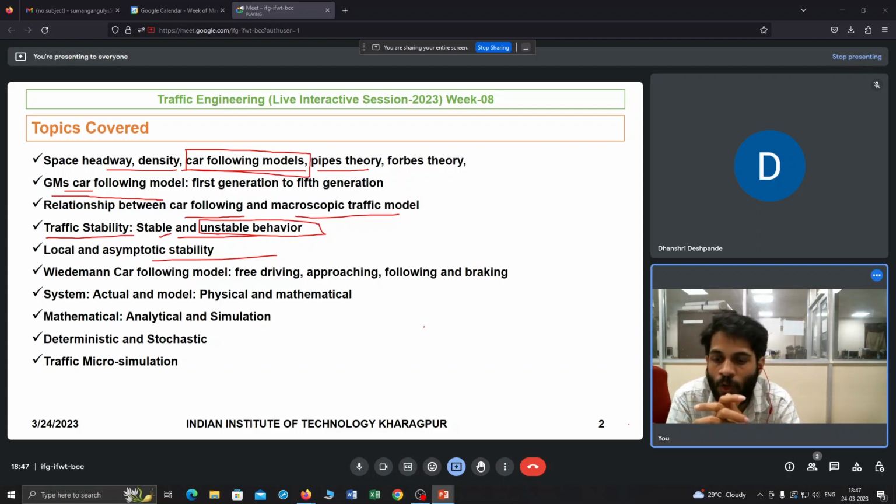In those complex scenarios, there is something called a simulation model. Simulation models use the advancement of computation, computers, digitization, and they replicate your traffic stream scenarios and also the relationships. They have some kind of models.